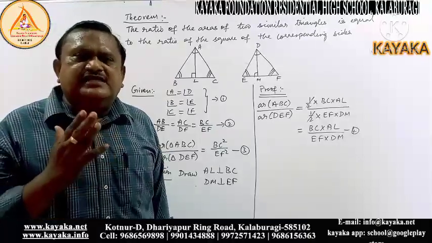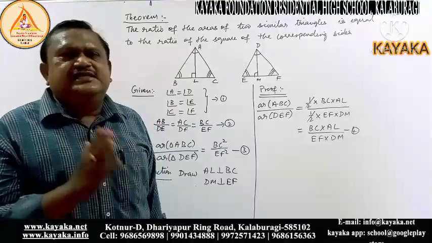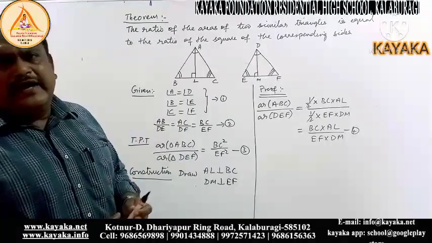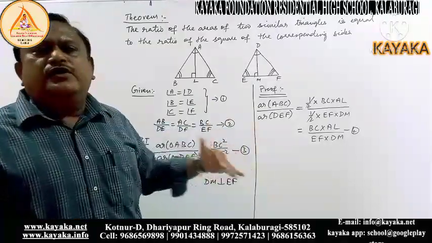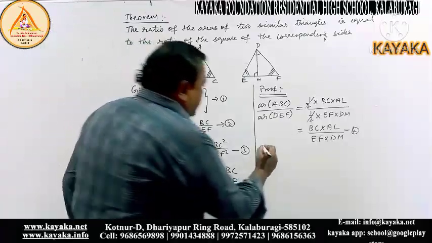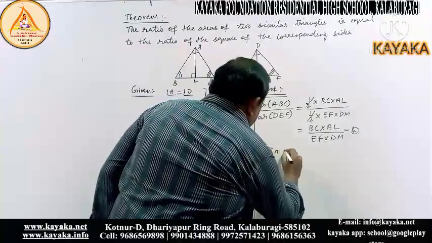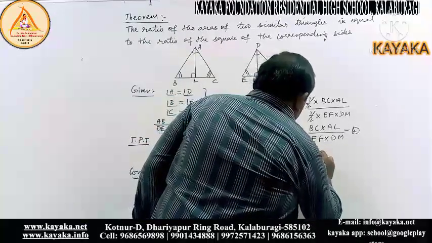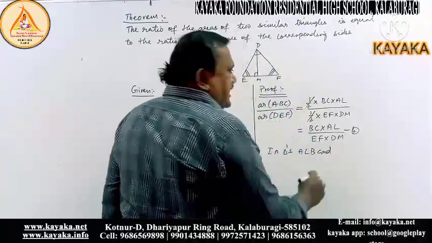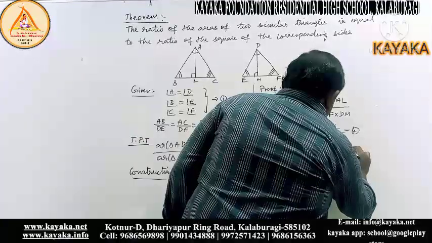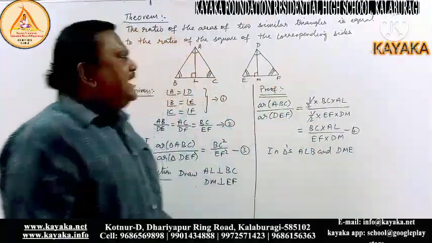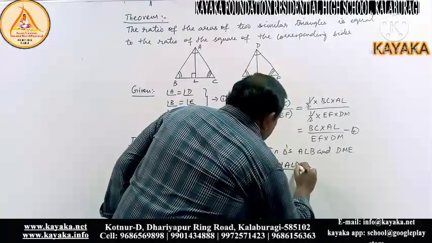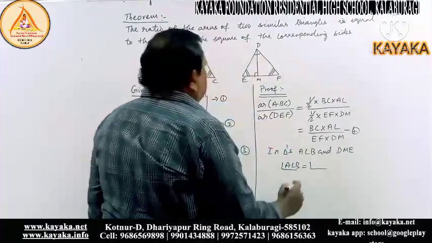Whenever two triangles are similar, the corresponding sides will be proportional. Okay, dear children, that is the next step I am going to write here. Now in triangles ALB and DME, you know that angle ALB will be equal to angle DME.